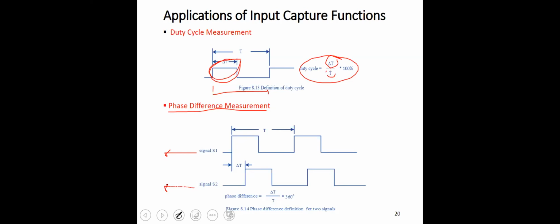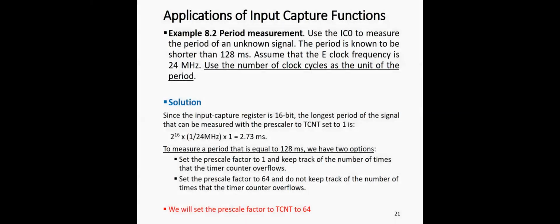You capture the time of the first rising edge here and the first rising edge there, you subtract, and you have the time difference between the two signals, and you can convert it to phase using this simple formula, which you probably know. So these are some of the applications that can take advantage of the input capture functionality.